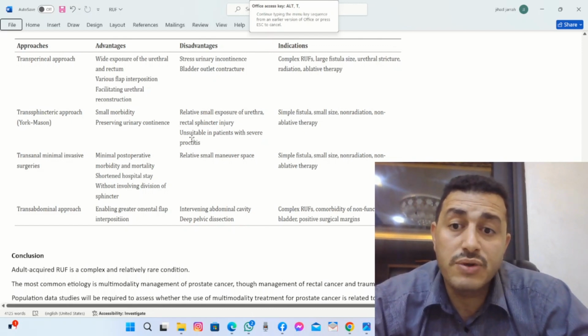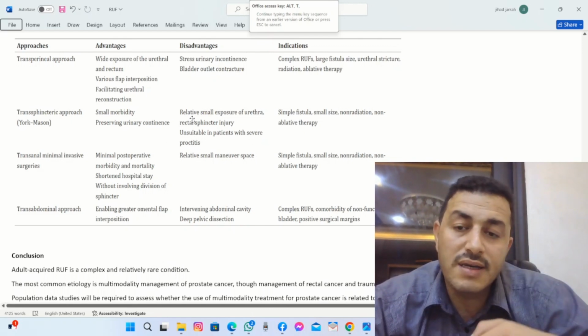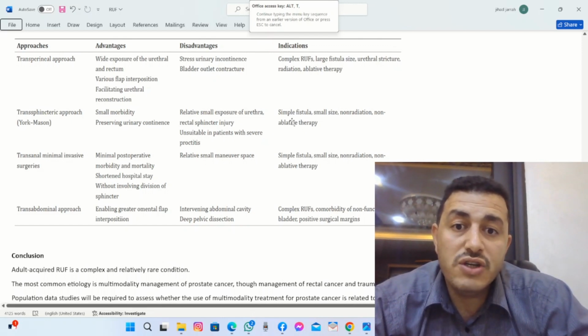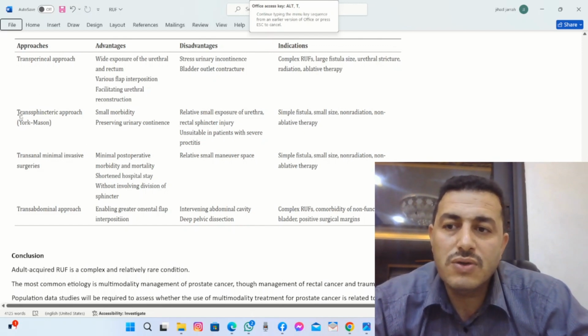Of course, if I have proctitis I cannot cut the wall of the rectum. Of the indication, simple fistula, small size, non-radiated. So this is similar to the transanal approach.